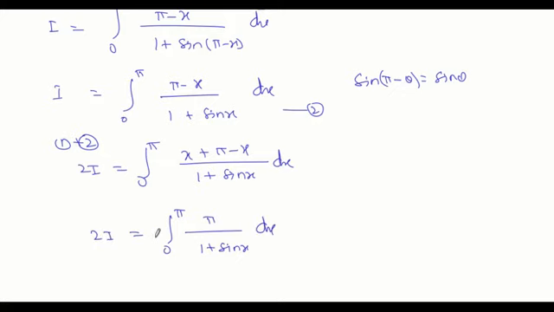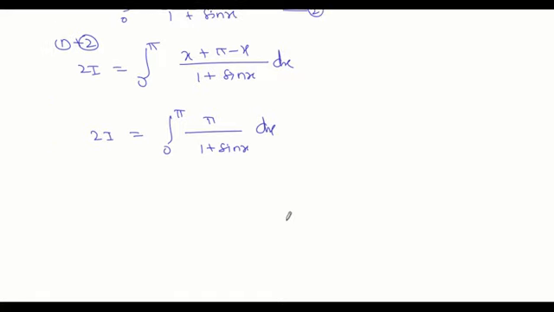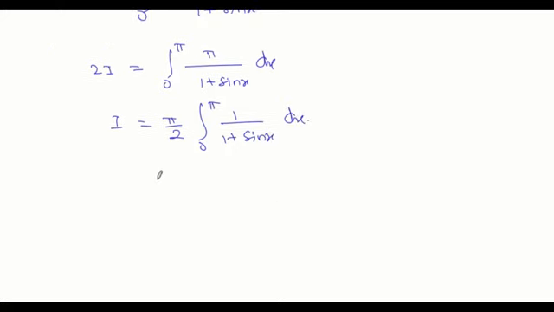Okay children, so after I wrote this one, now see, this pi will be out, or else I can be written as pi by 2 integral 0 to pi of 1 by 1 plus sin x dx. So here what I am going to do is pi by 2 integral 0 to pi, I multiply and divide by 1 minus sin x.